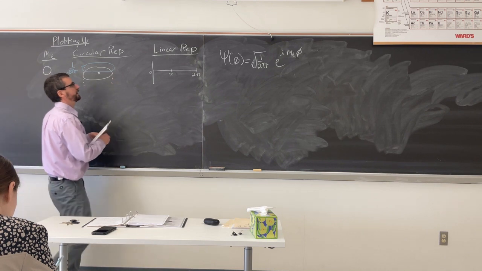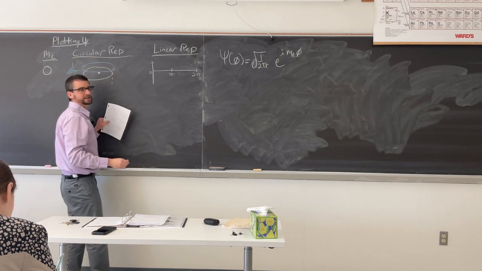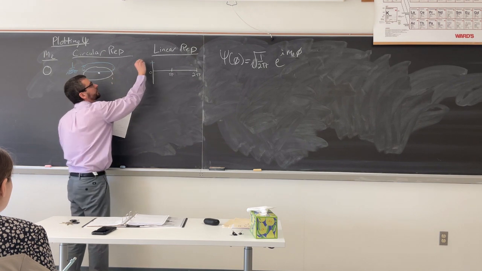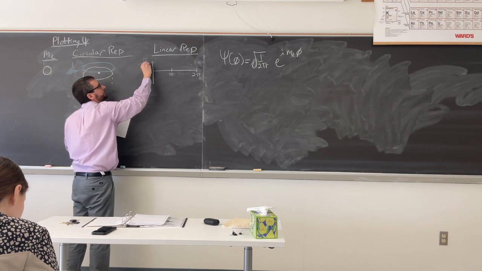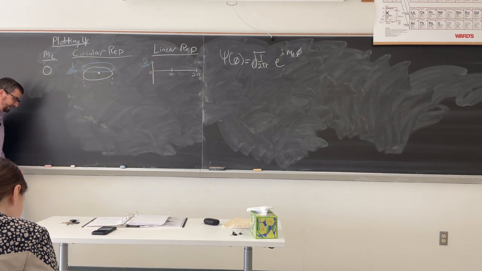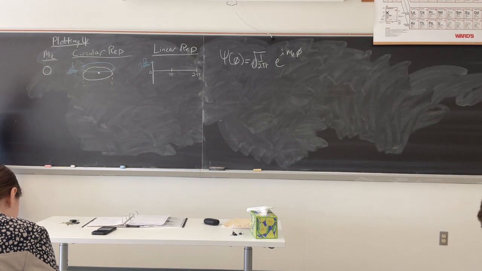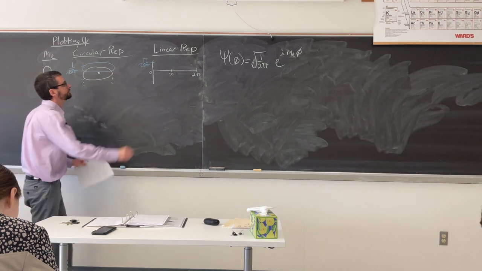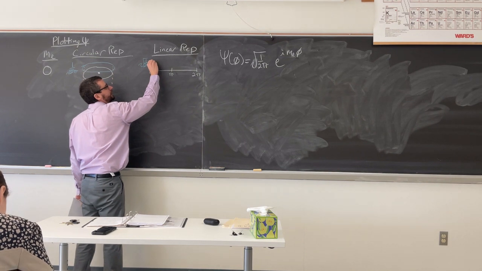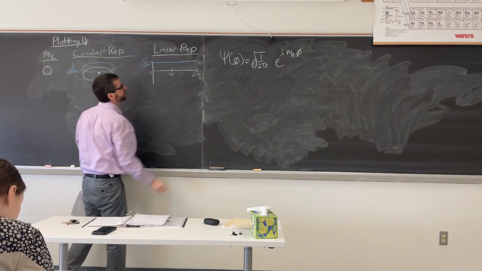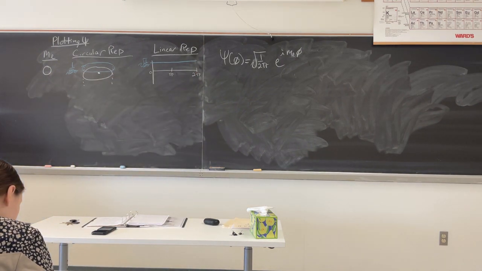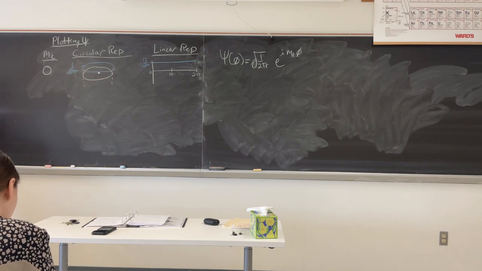We have a maximum value. What's the maximum value of this wave function? Okay, and what does it look like? Does it change? Nope, just goes, that's meant to be a straight line all the way to 2 pi. Uneventful.